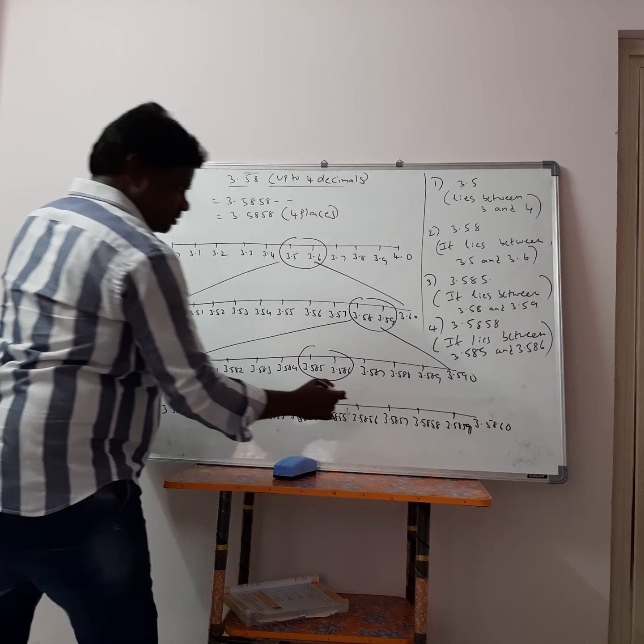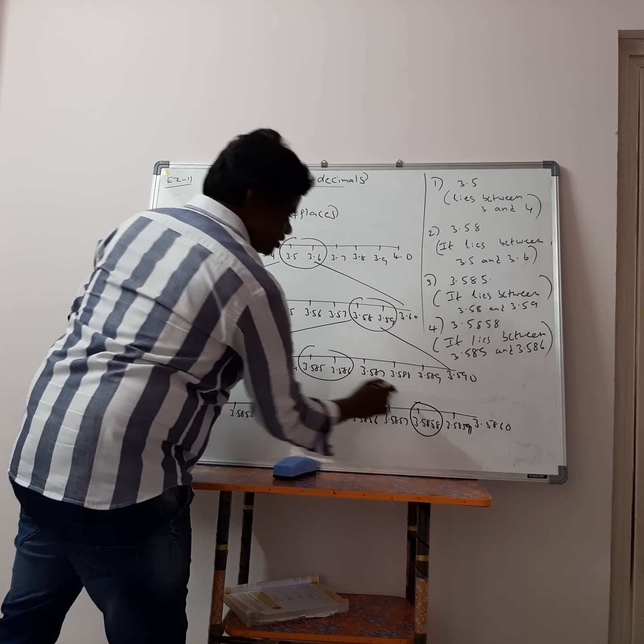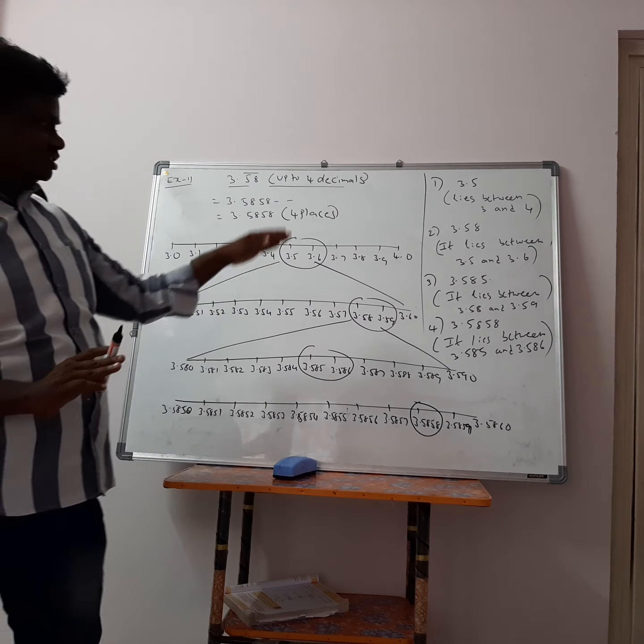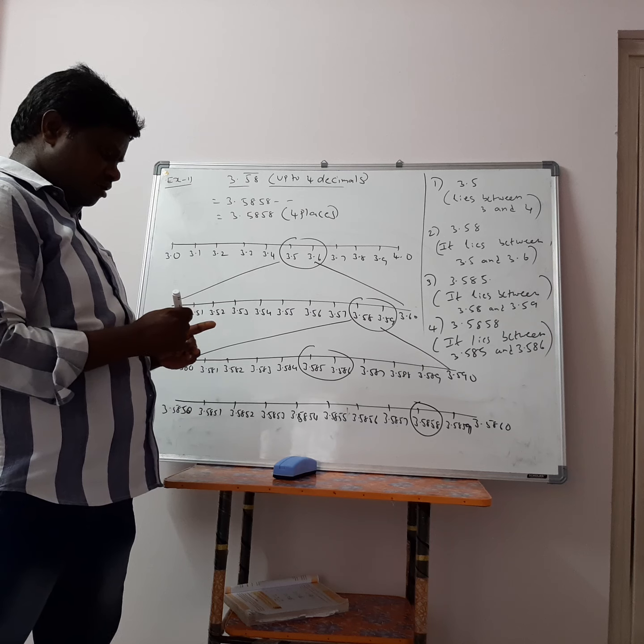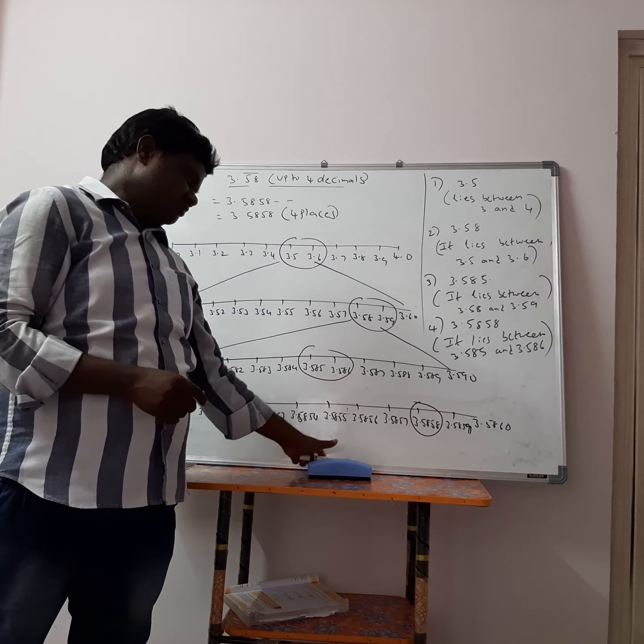So you have required 3.5858. So directly you got 3.5858. This is how to represent the number on the number line using successive magnification.